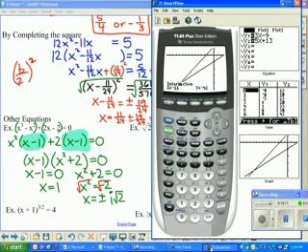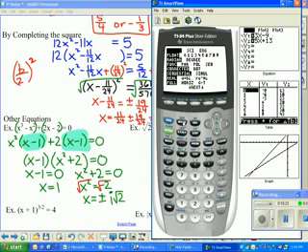Now you can check this on your calculator, so let's grab our calculator here and go back to our regular screen. You'll first want to go to mode and go down next to real. Make sure the imaginaries are on, so a plus bi. So again, that was in mode. Then quit out of there.